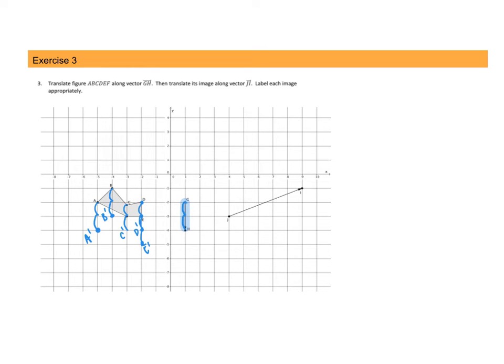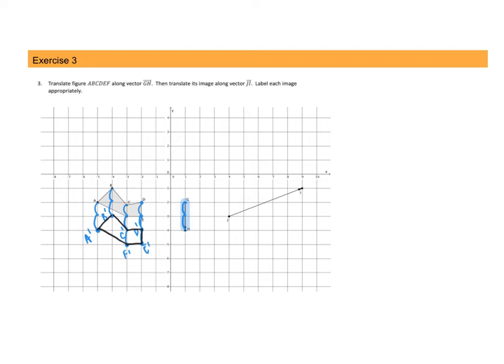Can't really tell what that is. I think that's an F. I'm going to connect them with black because it makes it easier. So A, B, C, D, E, F, and then connect back to A. So there's my translated image, the image prime.